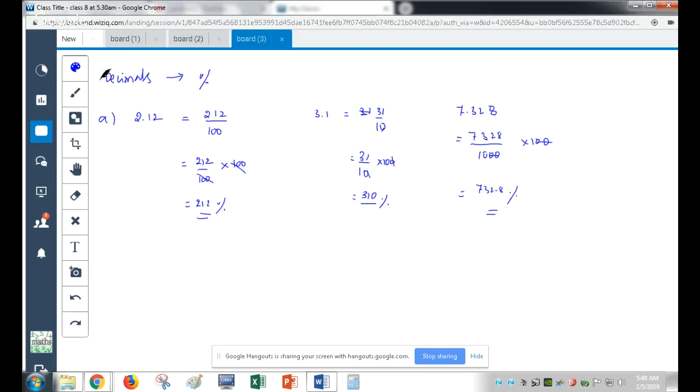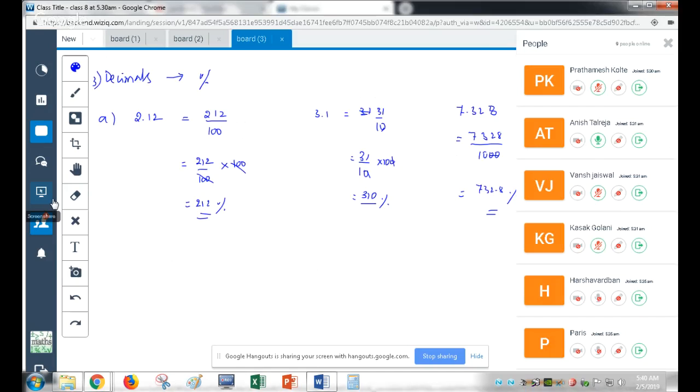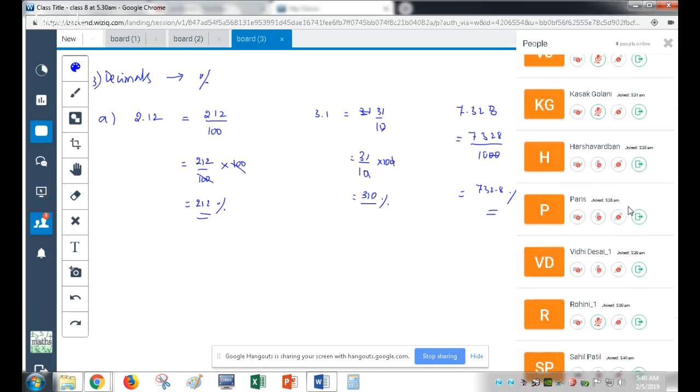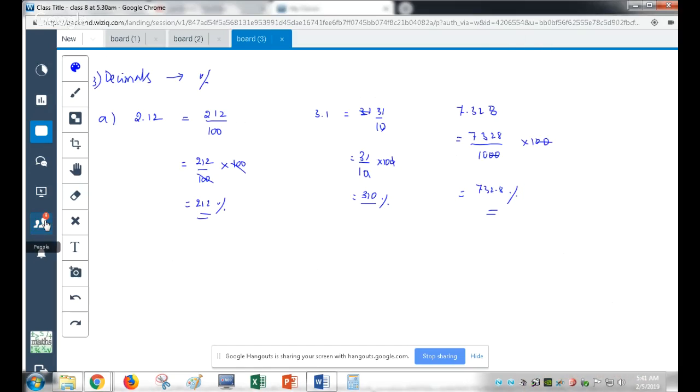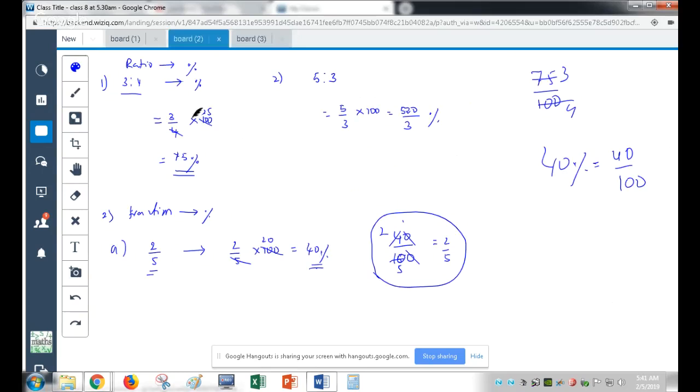If you have observed, what we are doing on all these things is converting everything into fractions, and then we are multiplying with 100 and we are getting it. Okay. So in the first case, what we have learned is a ratio to percentage.